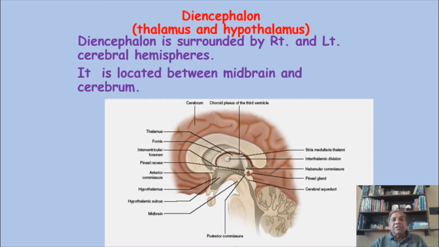The two colliculi are seen here in the posterior aspect of the midbrain. The pineal gland is here. Above the hypothalamic sulcus is the thalamus, and below it is the hypothalamus, located between the midbrain below and the cerebral hemispheres above.